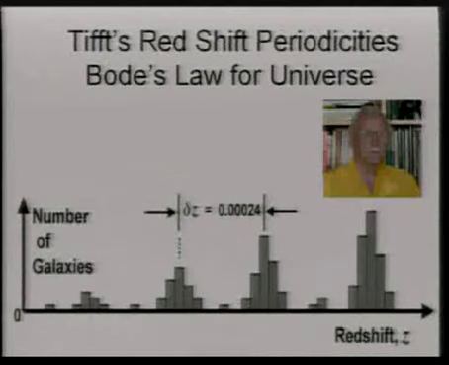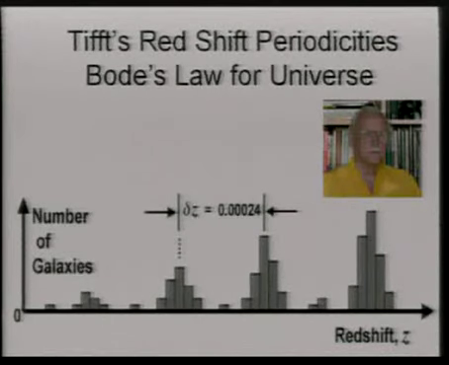Now, not only do we see that in our solar system, but a man named Tifft looked out and was measuring the redshifts. Now, we saw that the redshifts increase with distance. Well, not only did he see what Hubble saw, but he saw that there were bands between the redshifts.